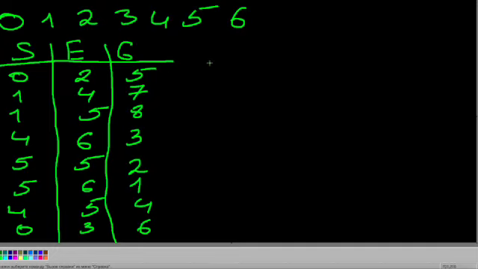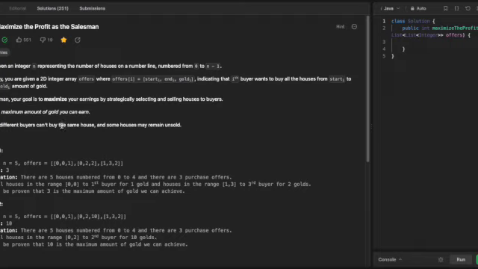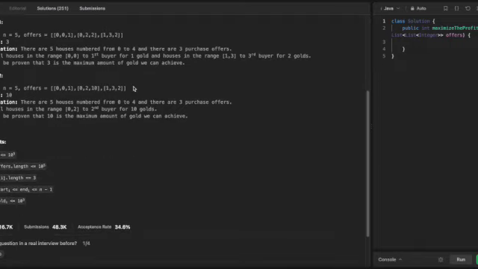All right. So let's also consider what other constraints we have. The number of houses potentially can be up to 100,000, same as the number of offers.